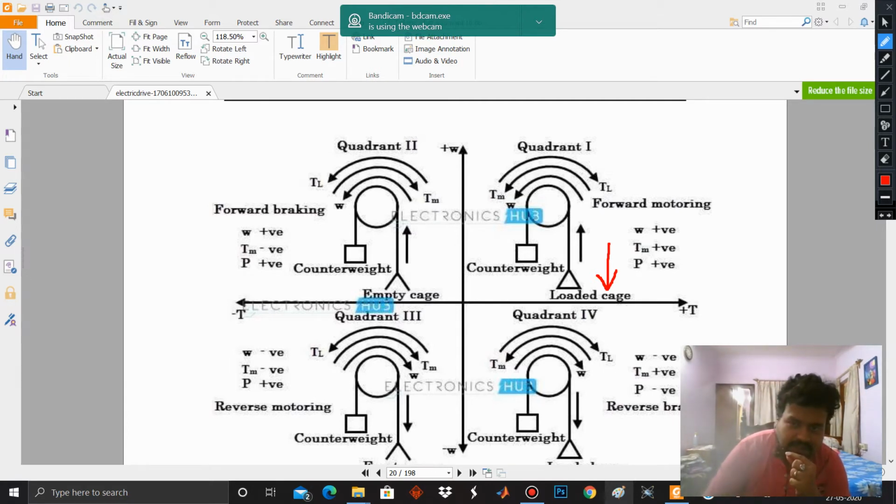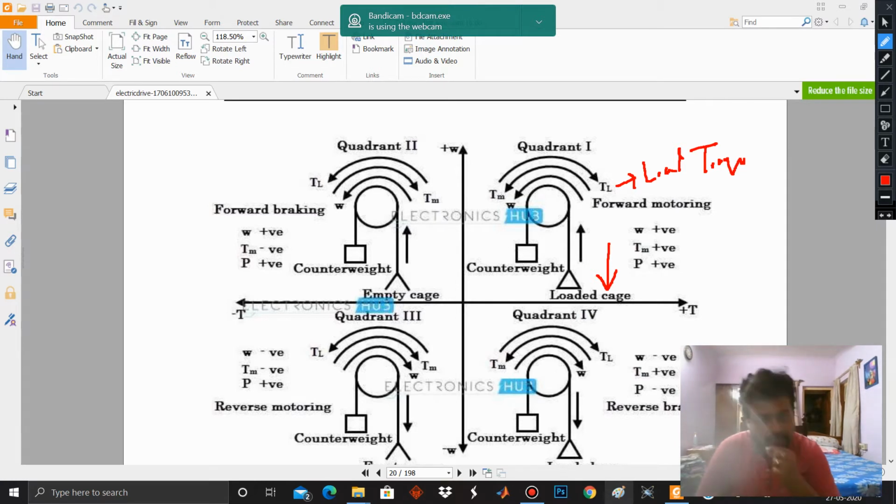So if tau L is the load torque, and the load torque is acting in the clockwise direction, the motor torque will act in the counter or anti-clockwise direction.